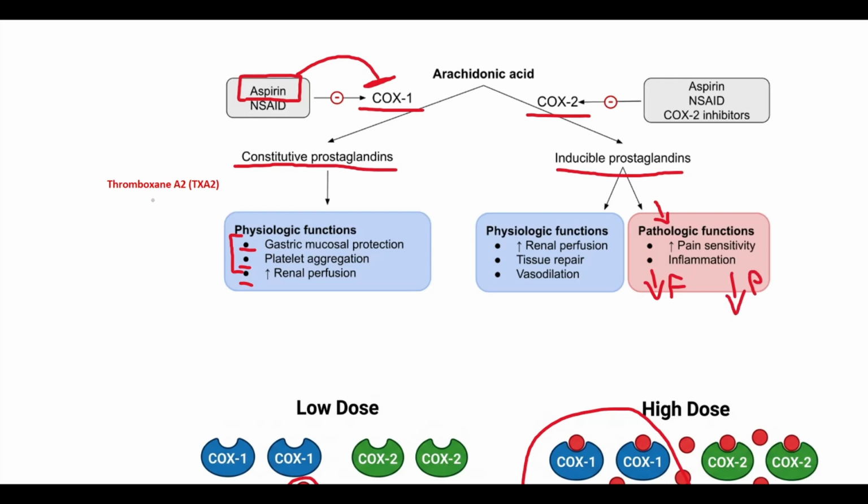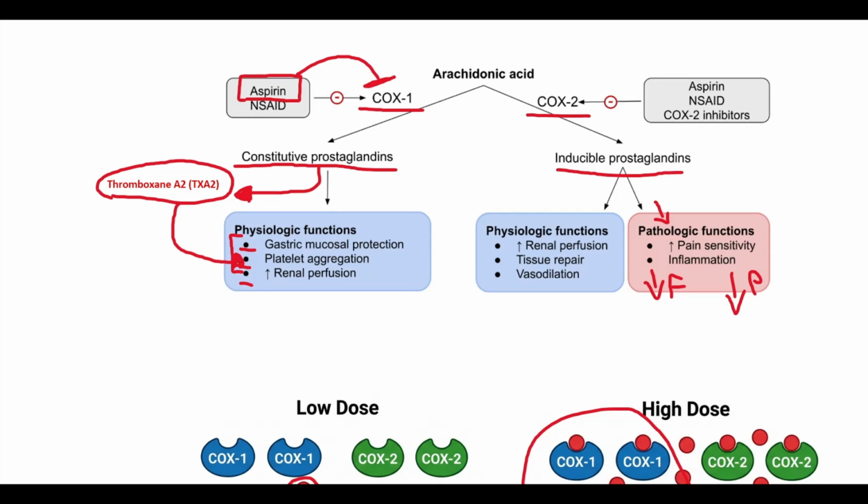You'll notice how I have thromboxane A2 written right here, and this is because when cyclooxygenase 1 is producing prostaglandins, these prostaglandins are further processed into thromboxane A2, which is released majorly by platelets. And this thromboxane A2 is actually what's responsible for platelet aggregation.